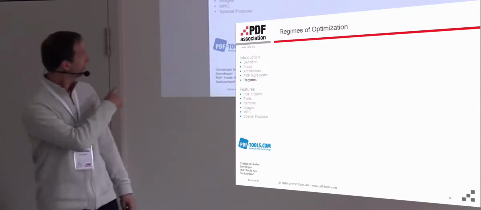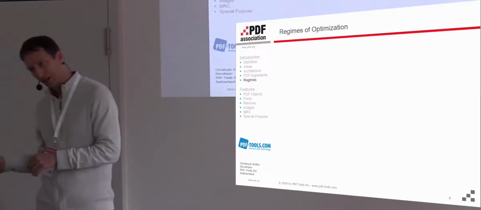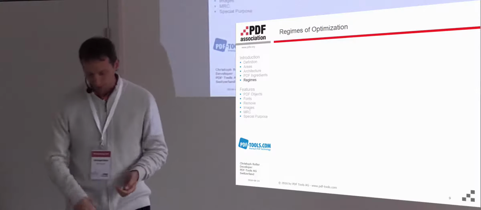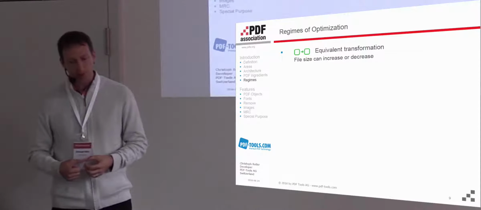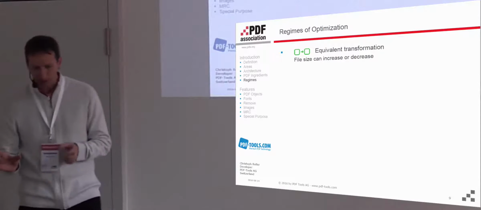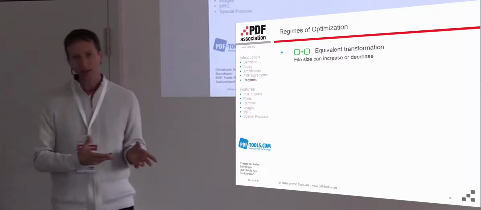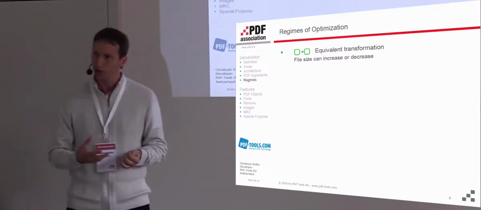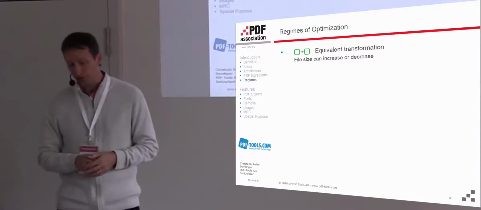Before I now start with the features section, I would like to classify what I'm going to tell afterwards into 4 different classes or regimes of optimization, of which the first class I name equivalent transform. By this I mean that if we apply this type of optimization, the resulting PDF behaves exactly the same with respect to a viewer or with respect to a text extractor as the original PDF.